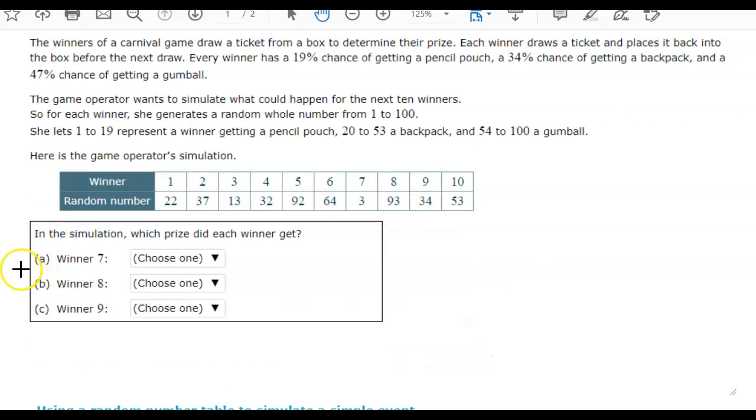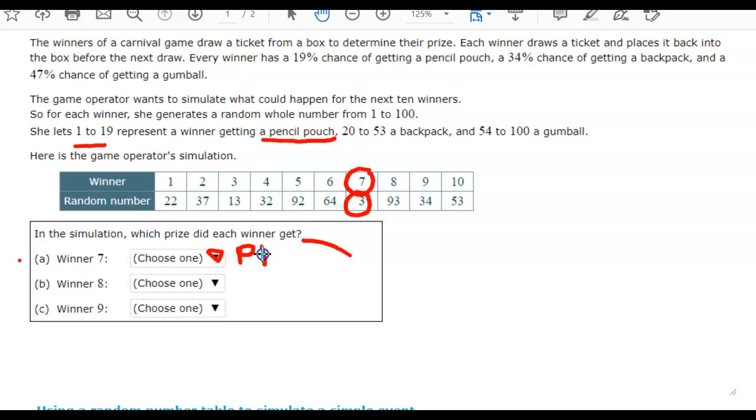So for part A, winner number 7, that's what they want to know. So in the simulation, which prize did each winner get? So winner number 7, they picked a 3. And if you pick a 3, 1 through 19 tells you that you're going to get a pencil pouch. So right down here in this section, you are going to select pencil pouch.